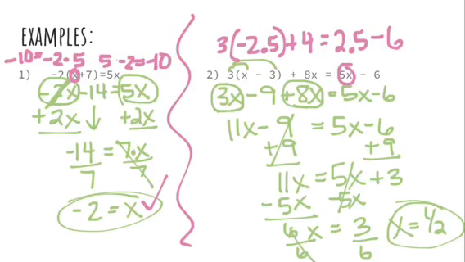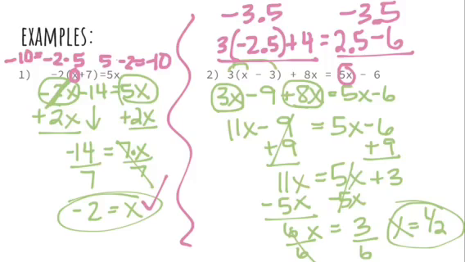This, I know, looks complicated to do in your head. Feel free to use your calculator to check and see if they are equal. And when you put them in your calculator, over here you get negative 3 and 5/10, and over here you get negative 3 and 5/10. Those are equal, so 1/2 is our solution.